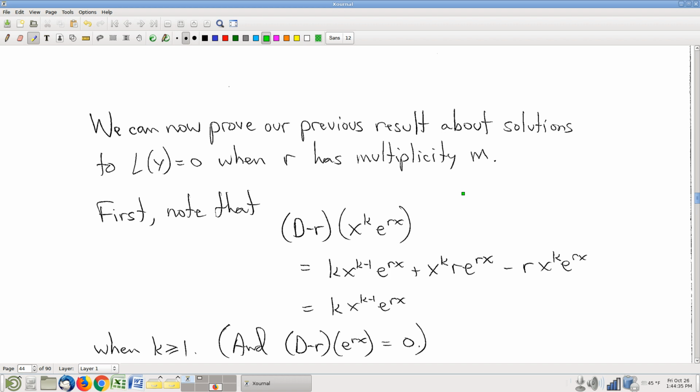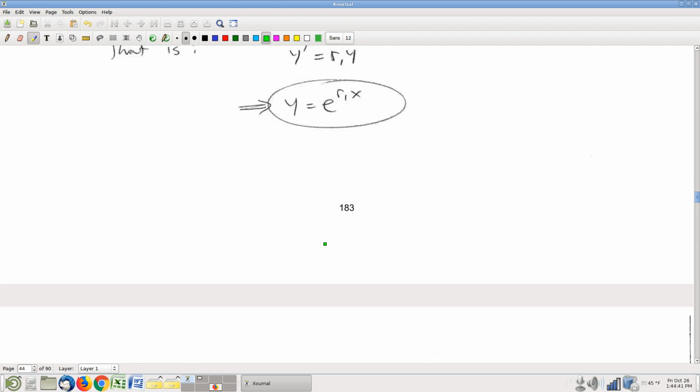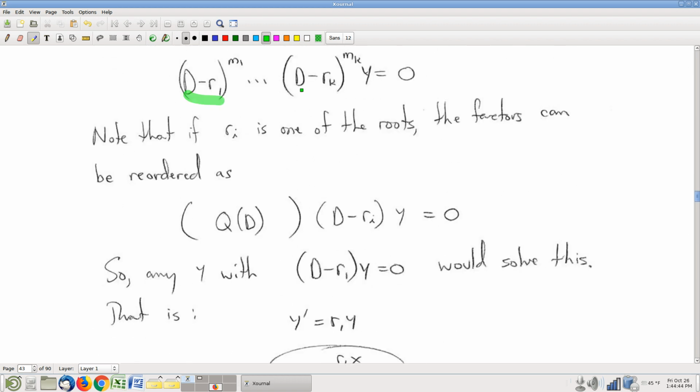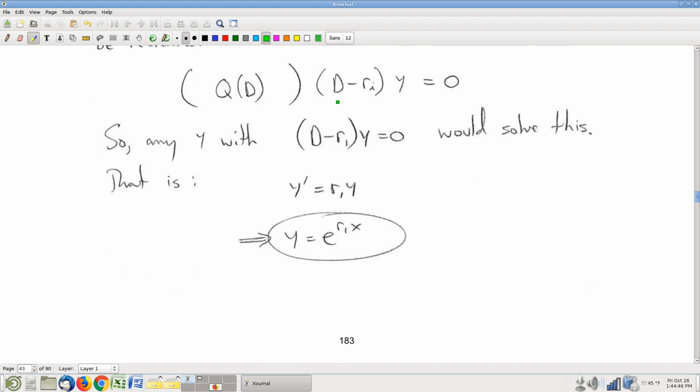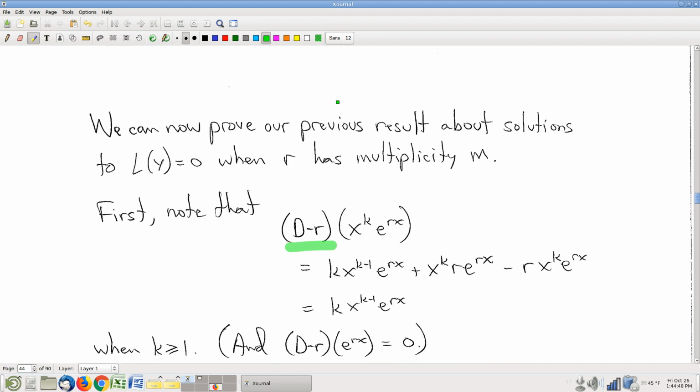It ends up being really convenient to have this algebra worked out. What does one of these factors, D minus r, right, the kinds of factors that show up when you factor these constant coefficient operators, do to functions like the ones that we're entertaining as possible solutions? Right? What happens if you hit one of these with D minus r?